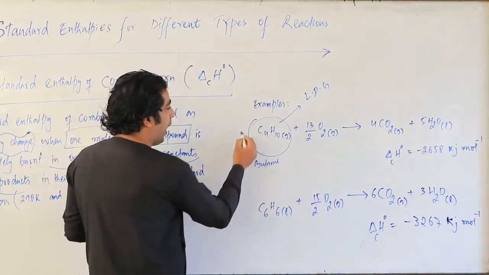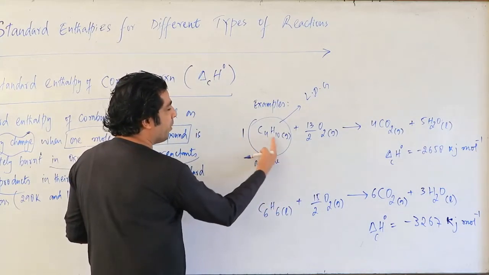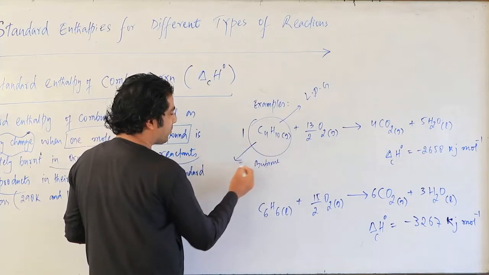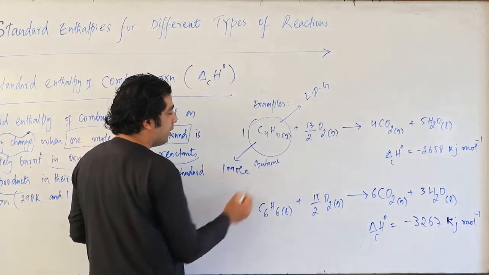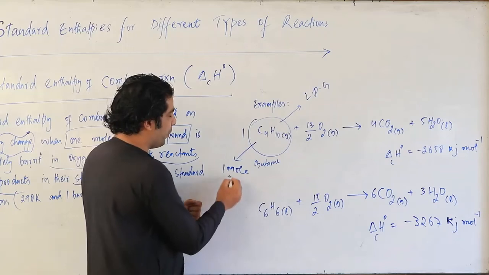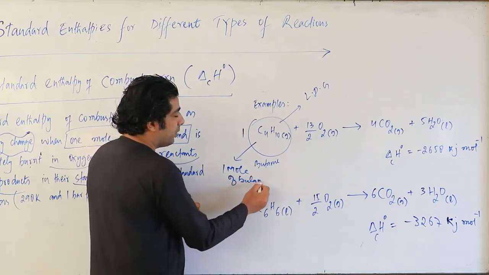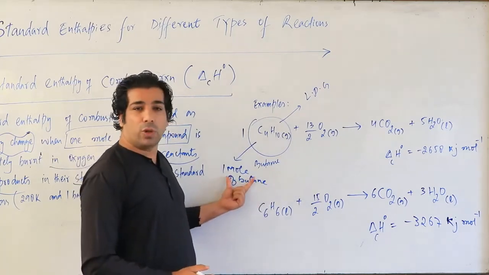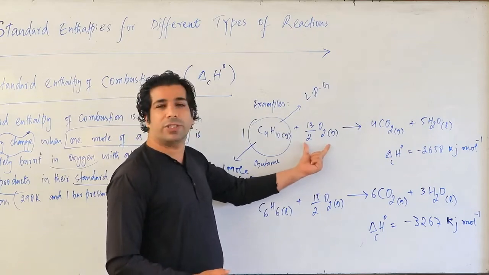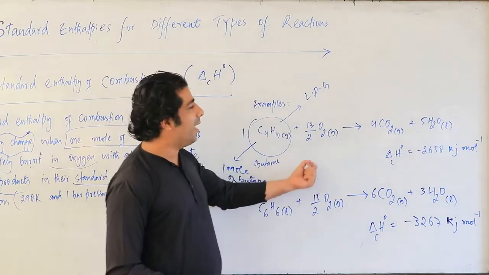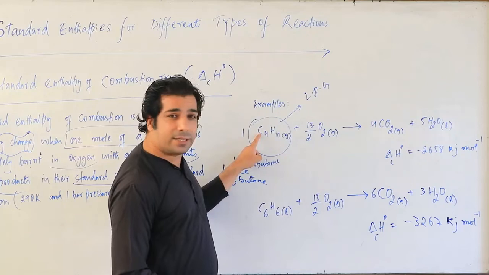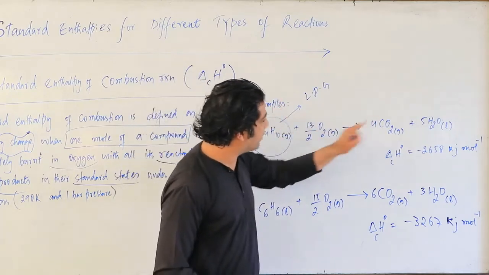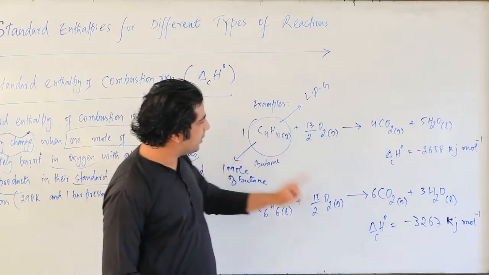So look here, how many moles of butane are you burning here? Here we have 1 mole. So I have here 1 mole of butane. So you are burning 1 mole of butane in presence of oxygen. Yes? And when carbon burns, it gives me carbon dioxide. When hydrogen burns, it gives me water.